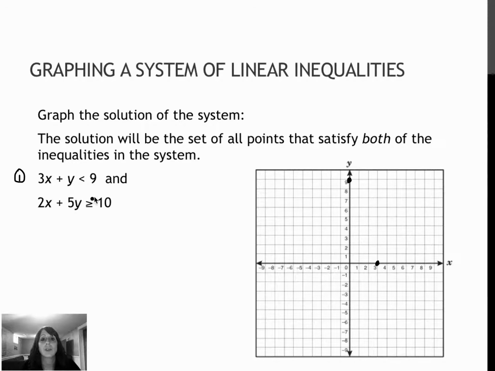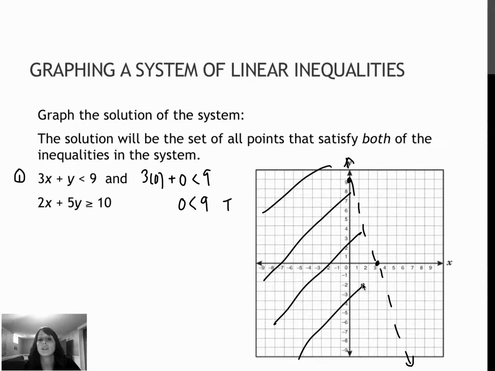If I were just graphing this one, I would then connect with a dotted line. And I would use a test point of 0, 0, to find that 3 times 0 plus 0 is less than 9, and that 0 is less than 9, and that would be true. And so I would shade everything towards 0, 0.